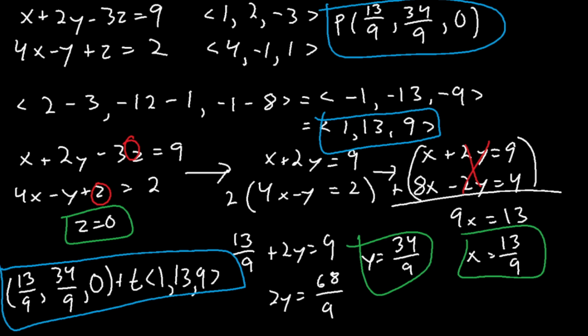And all we did was set z is equal to 0, solve for x and y, and then we have a point that is on the line as well. And once we have a point and a vector that is parallel to the line, all we have to do is put things together.